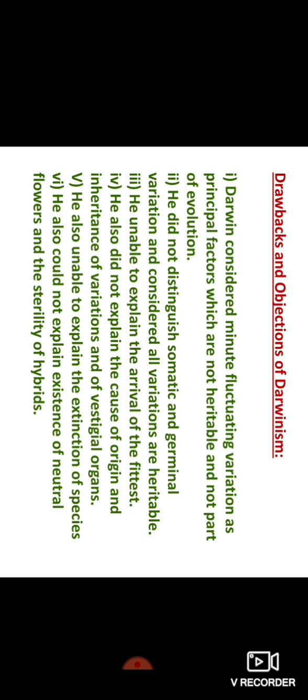He was unable to explain the arrival of the fittest. He also did not explain the cause of origin and inheritance of variations, or vestigial organs. He was also unable to explain the extinction of a species, and could not explain the existence of neuters and sterility of hybrids.